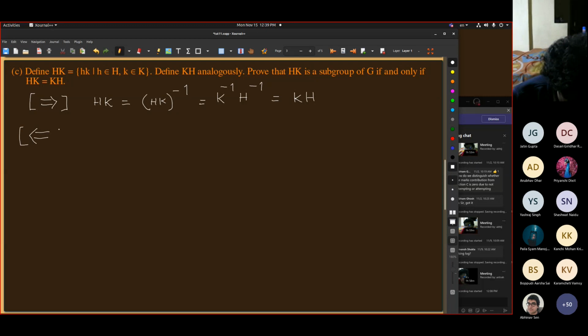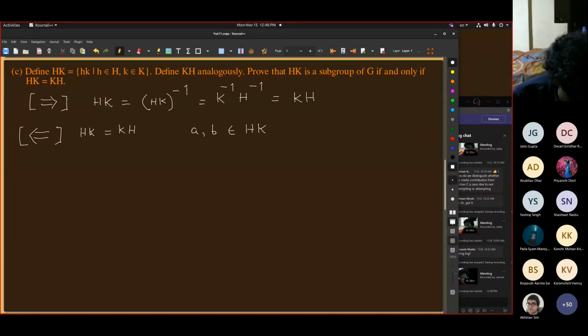What about this? It is given that HK is equal to KH, and I have taken some a, b in this common set.